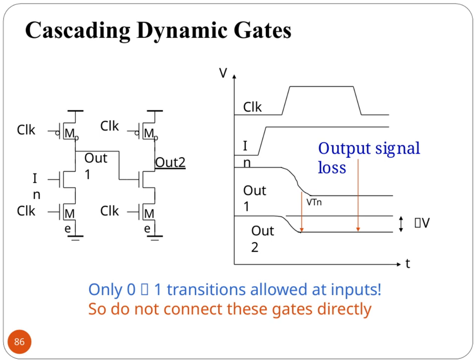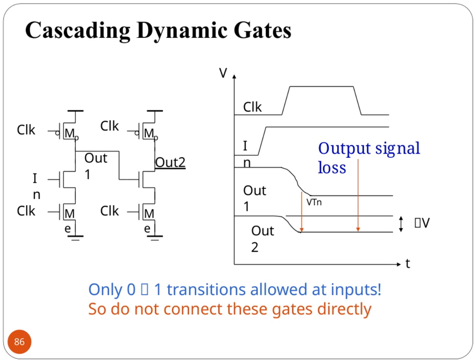You'll notice multiple clock signals labeled CLK, which are essential for controlling the timing of these gates. The inputs labeled in, along with intermediate signals like M, P, and ME, are part of the internal operation, managing charge and ensuring the correct dynamic behavior. One important thing to understand is the concept of voltage change, represented here as delta V over time.